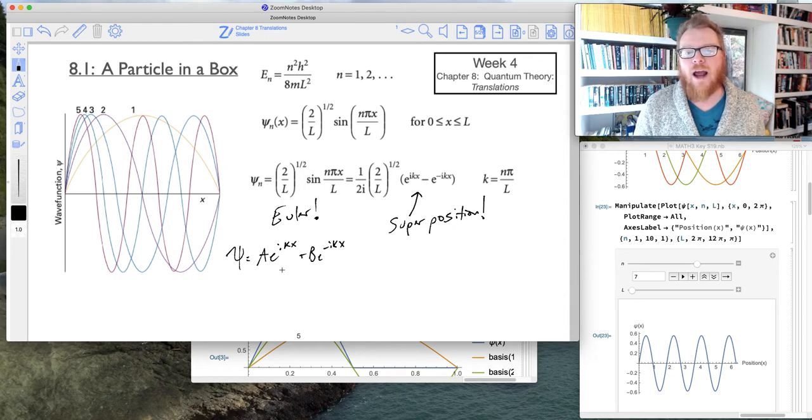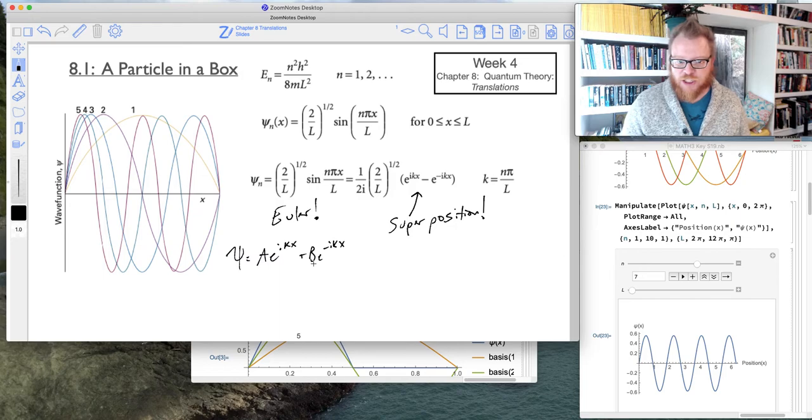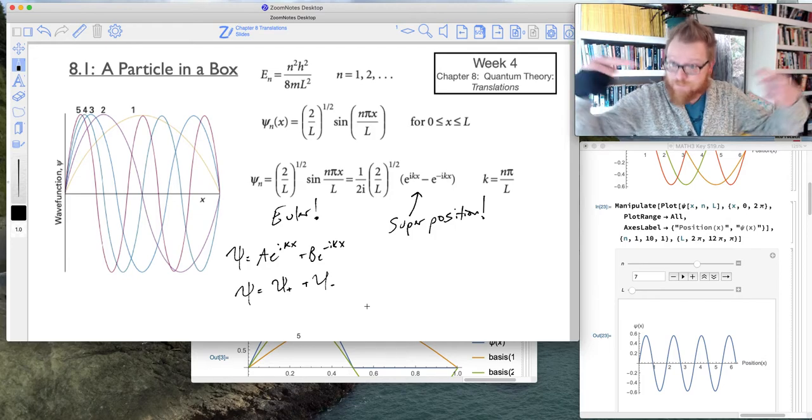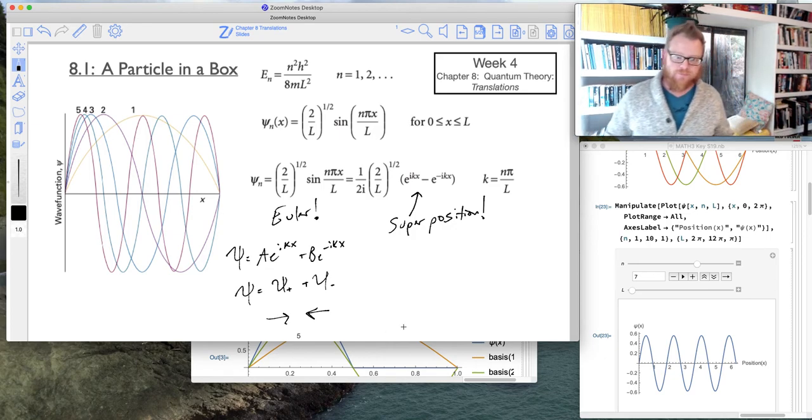I know that these aren't quite in the same form, but as far as a general solution, they are. So what's really cool is we established earlier that e to the ikx and e to the negative ikx describe a superposition of particles moving left and right. The psi plus state we know describes particles moving to the right. The psi minus state, of course, describes particles moving to the left.